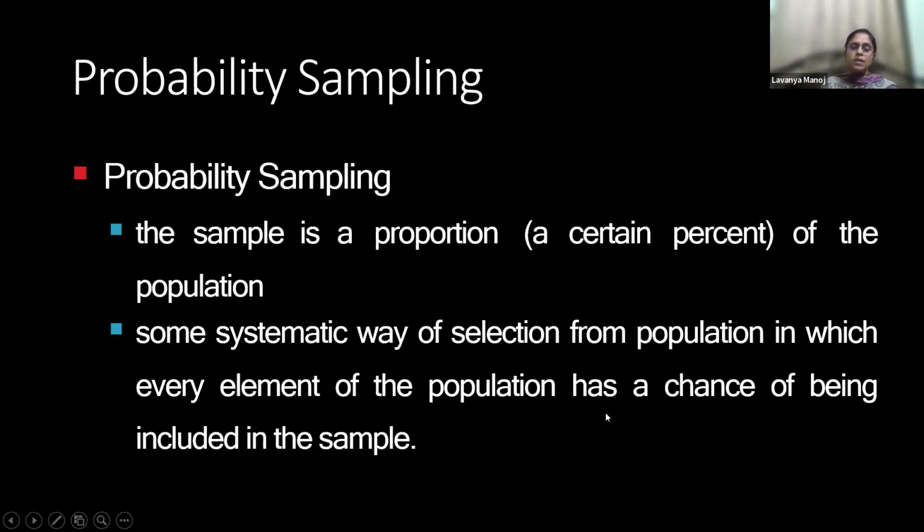The main aim is to include people from heterogeneous backgrounds, of all ages, from all walks of life, and all levels of income. At least 5 to 10 people from all these differences are in the sample, being interviewed and asked for feedback. This is the main motive for going with probability sampling.